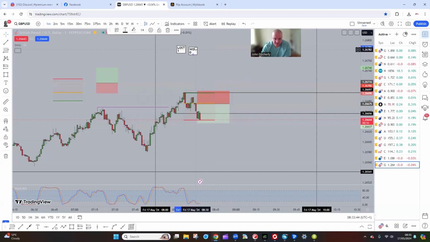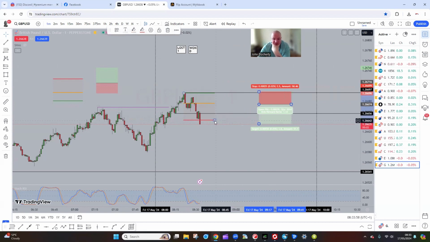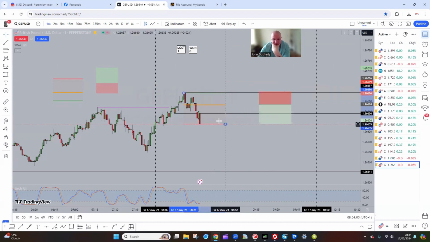So just do that. We've got a tally count here, and then we'll see where we are. Again, if price breaks a structural here, we just take this away. And then we've got to wait for the new separation candle. So we'll just follow on price now.